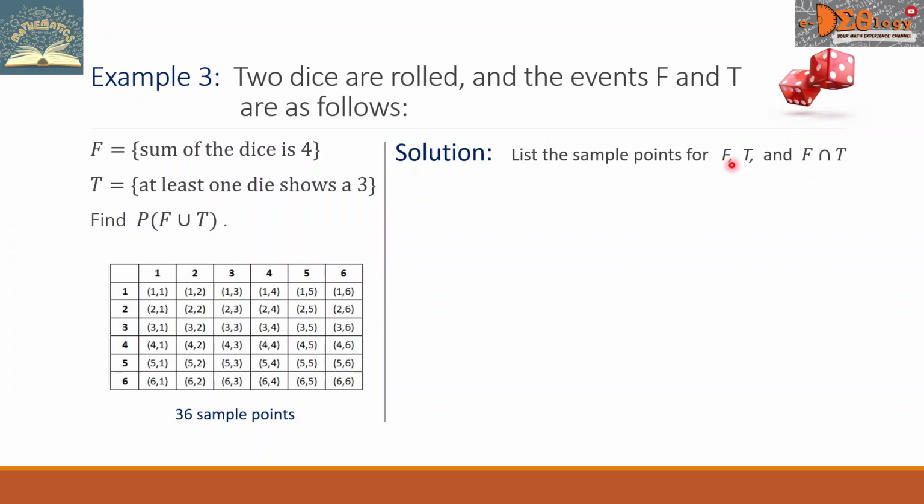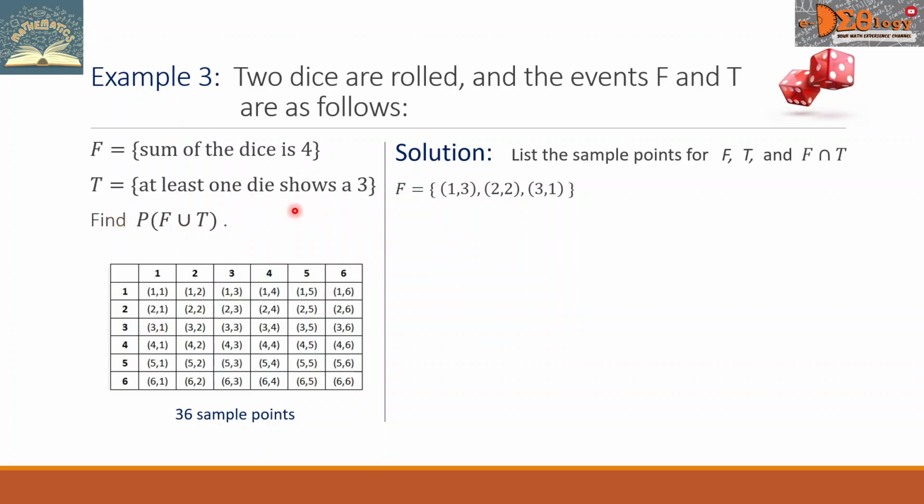Let's begin with event F. For event F, we say that the sum of the dice is 4. So the elements for F are (1,3), (2,2), (3,1). Next, event T. It says at least one die shows a 3.